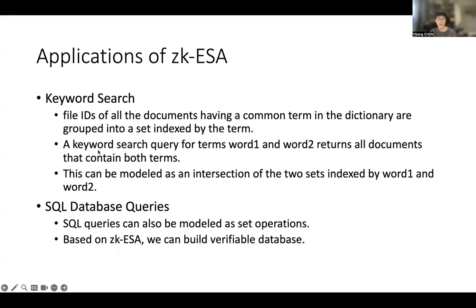So we can use a keyword search to query for some terms, word 1 and word 2, and we hope it returns all the documents that contain both terms. And this can be modeled as an intersection of the two sets indexed by word 1 and word 2. So we can directly use JK ESA here.